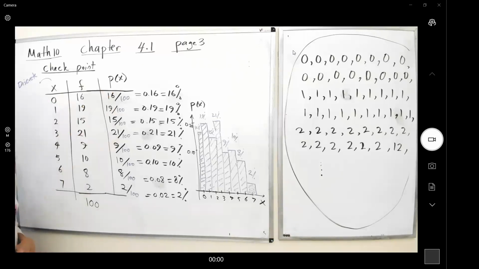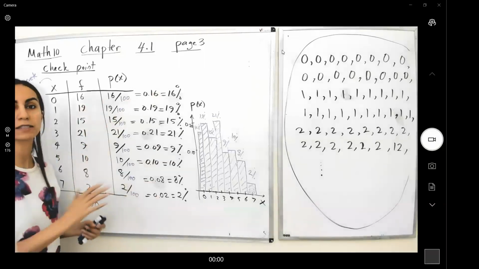Now I expect you to ask, what is the mean of the data? What is the standard deviation of the data? How can I use the probability P of X to actually calculate the mean and standard deviation? So I'm not going to erase this.